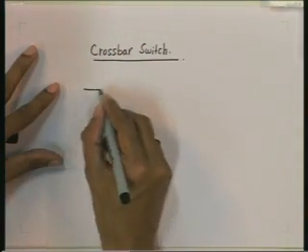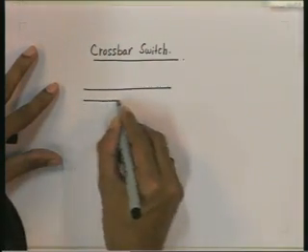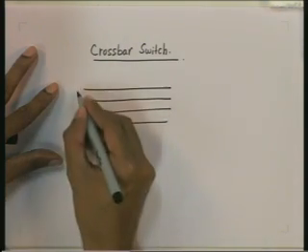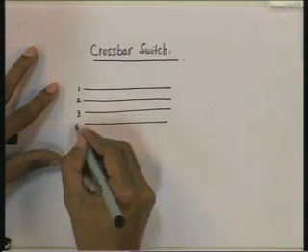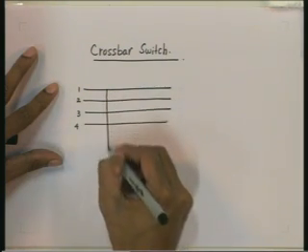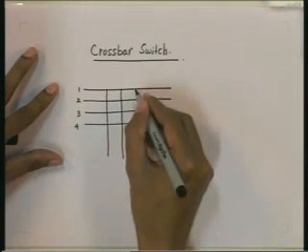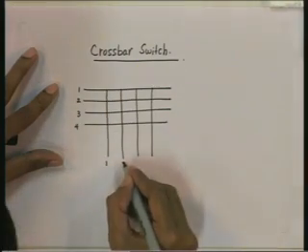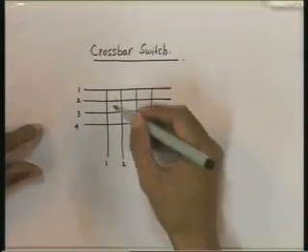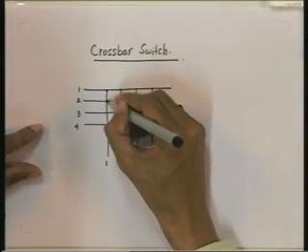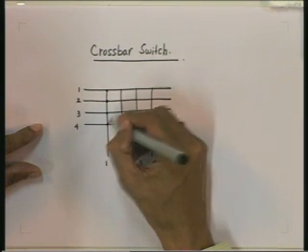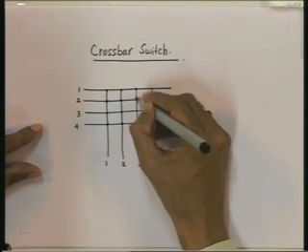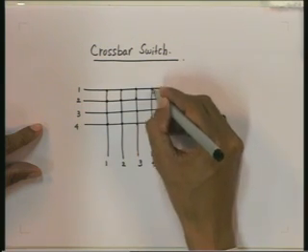A crossbar will have, let us say, 4 input ports, 1, 2, 3 and 4, and let's say you have 4 output ports. These are the cross points. In an n port crossbar switch, as you can see, the number of cross points will be of the order of n squared.